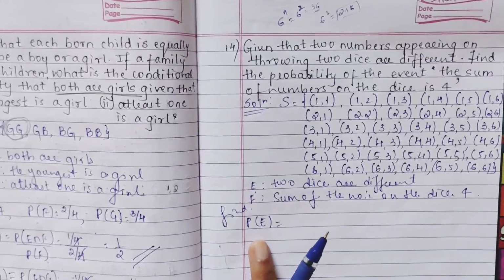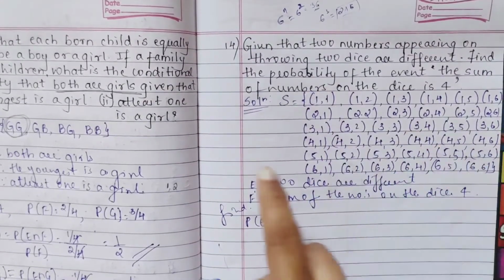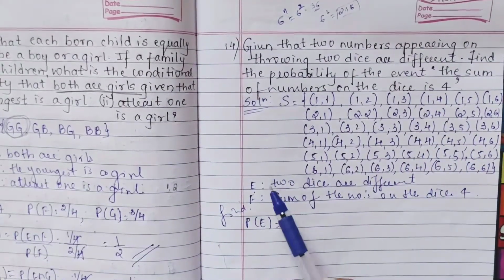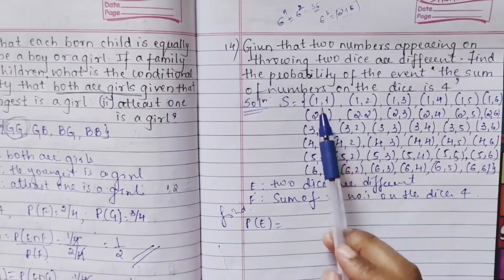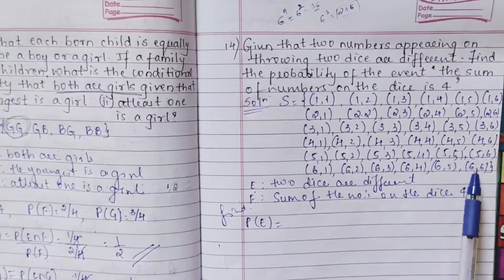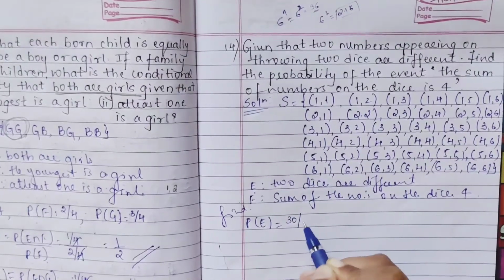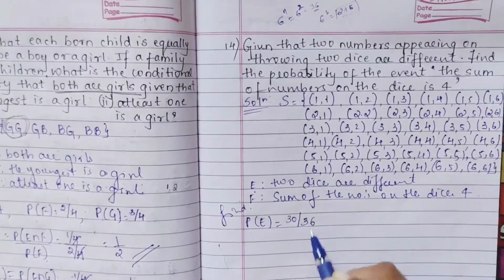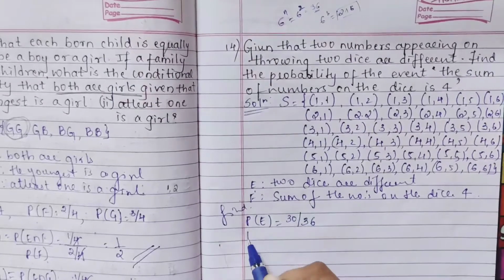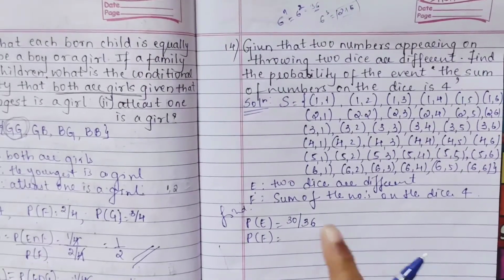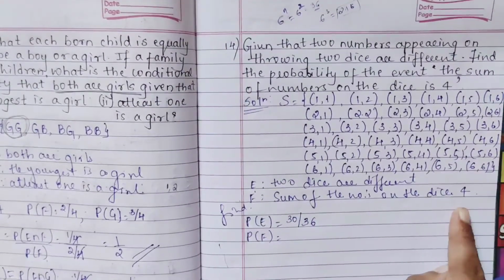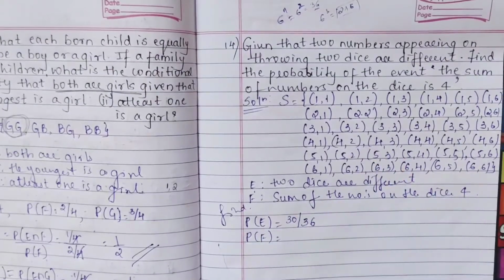So P of E, what will it be? Leaving the doublets, how many will be there, that you have to count, because they are telling two dice are different. So 1 2 3 4 5 6, so 36 minus 6, how much will it be? 30. Out of your outcomes 36, right? P of F, what they are telling, the sum of the numbers on the dice is 4.